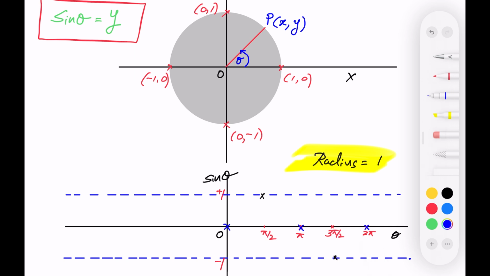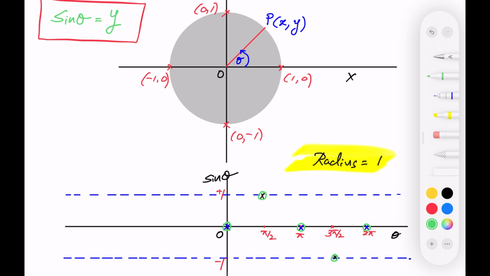Now, we will go ahead and draw the sine curve for the values of theta between 0 and 2 pi. We know that it has to start right here and then reach the point right here, then come back to the point right here, then reach this lower point, finally end up at the x-axis itself.